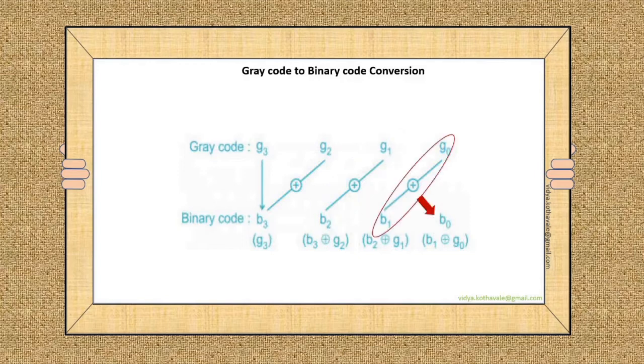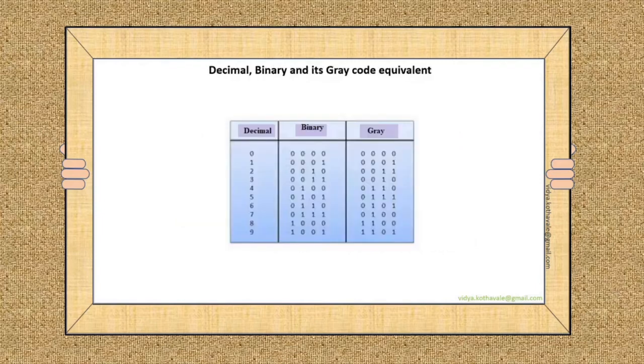And then B1 is XORed with the least significant gray code bit G0 to obtain the least significant binary bit B0. In this way, the binary code B3, B2, B1, B0 is obtained. Students can take this table to perform binary to gray and gray to binary conversion.